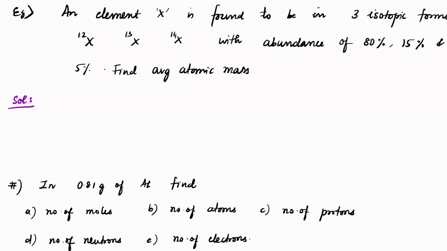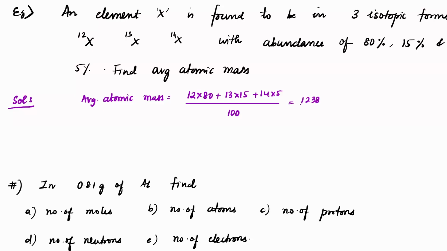Average atomic mass is equal to 12 cross 80 plus 13 cross 15 plus 14 cross 5, whole divided by 100. Got it? That's coming out to be 1238 divided by 100, which is 12.38. So that is the average atomic mass of that element X.